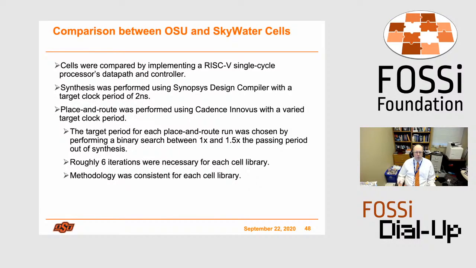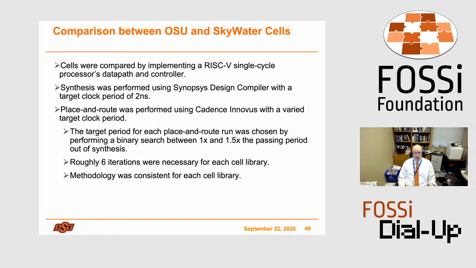We've done a lot of work in designing different types of RISC-V architectures. We've designed a single cycle processor as well as a pipeline processor. We have a full RV32I with different things in it. We have multipliers and floating point units, and we hope to put those out in the library as well. The synthesis was performed using Design Compiler, DC, and we set it at 2 nanoseconds.